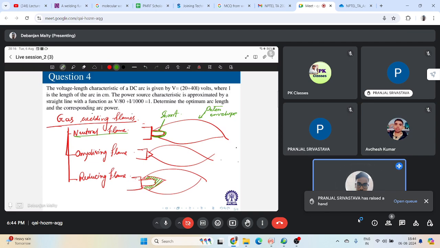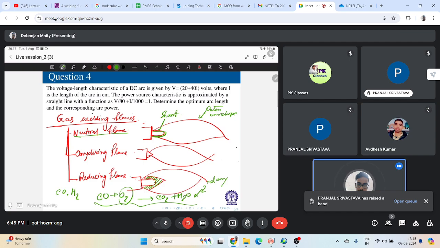Now, what are the products of primary combustion? If you are mixing oxygen with acetylene, what will be the product of primary combustion? So initially it will form carbon monoxide, right, and hydrogen, and then again it will react with oxygen from the surrounding air. So again, CO will react with surrounding air, that will form CO2 and moisture, right? So this is called secondary combustion.